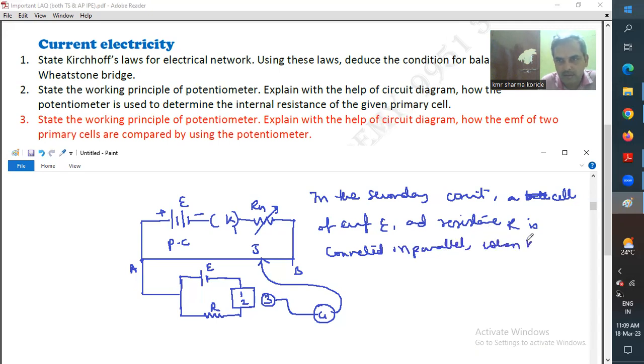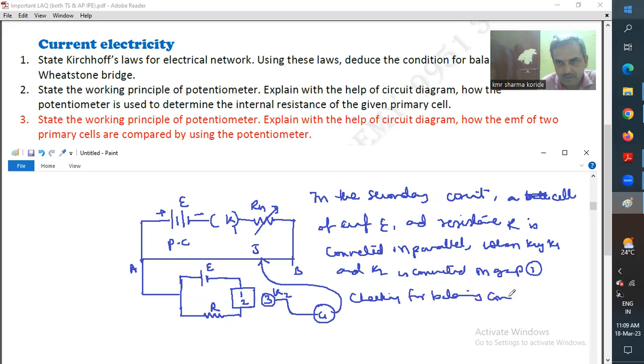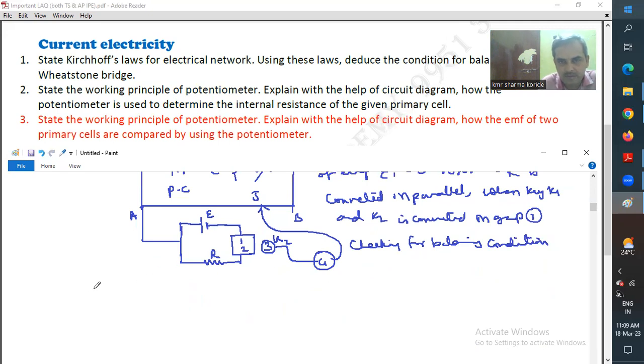When key K1 is closed and key K2 is connected in gap 1, checking for the balancing condition in the galvanometer, then according to the principle, once again, E is proportional to L1.